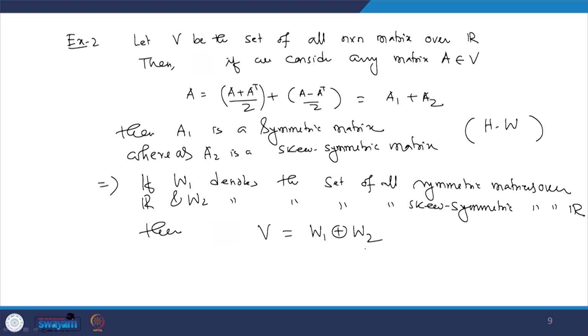I mean, any element of V can be written as an element from W1 plus an element from W2. That we have already seen, that any matrix can be written as the sum of a symmetric matrix and a skew symmetric matrix.